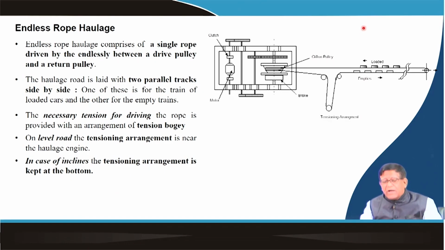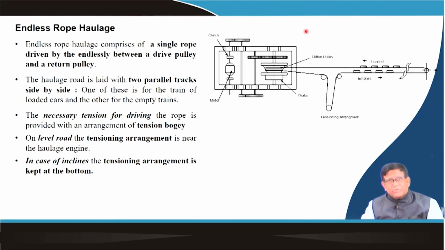The loaded cars will be connected to the slowly moving rope, and when they come over here, they will be disconnected manually from the rope and the loaded cars will go out. Then the empties will be connected to this, and the empties will be going over here.